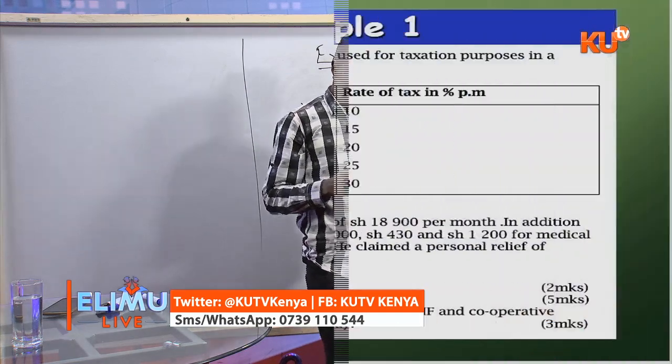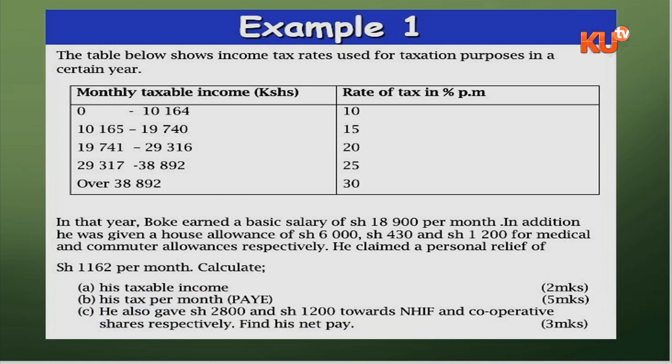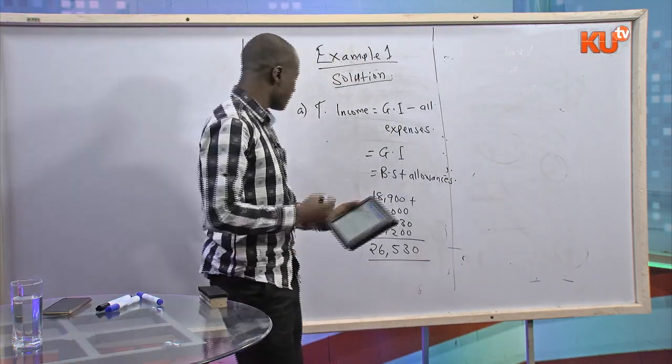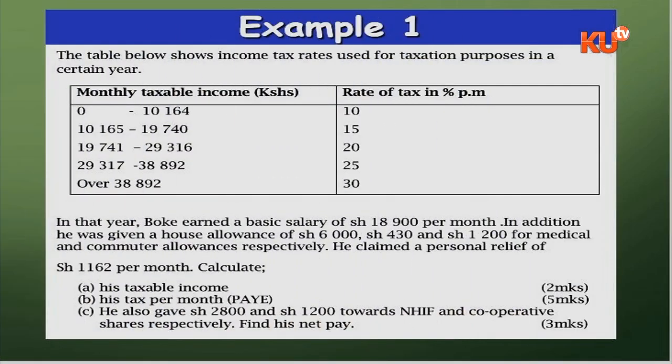Then the next one is asking for his tax per month or PAYE. Now if we look at that quickly, the first thing you need to do is look at the table you have and your taxable income, 26,530. You need to identify in which slab it lies.